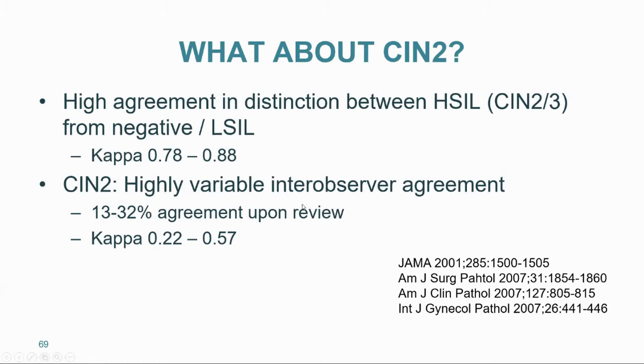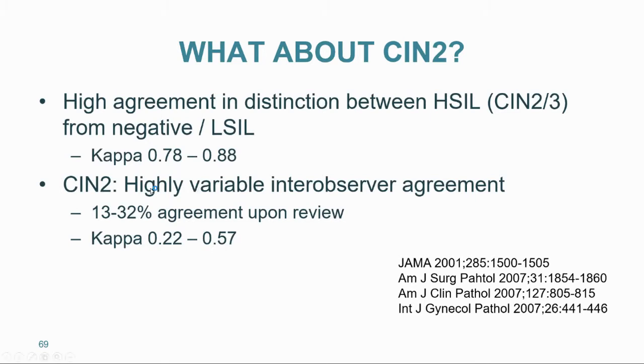So what about CIN2? Why is CIN2 still in the picture? It really begs the question, because we've known for a while that there's a high agreement in the distinction between HSIL and LSIL, and that binary classification has good inter-observer reproducibility, and that's why the recommendation now stands to treat these lesions in this binary classification of LSIL versus HSIL.